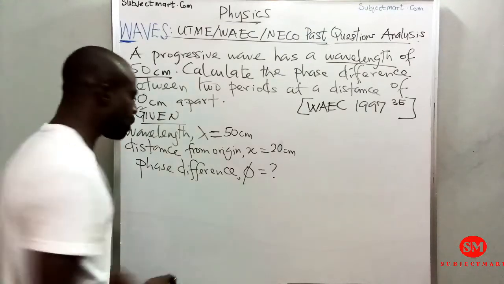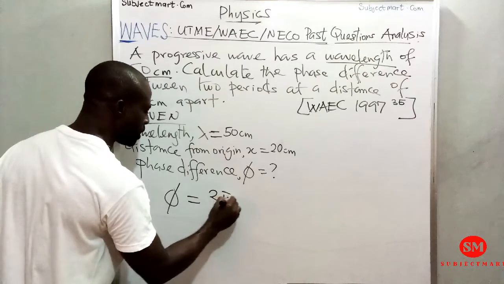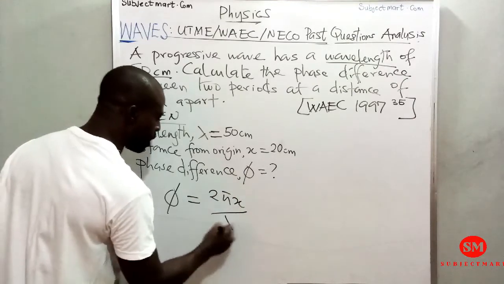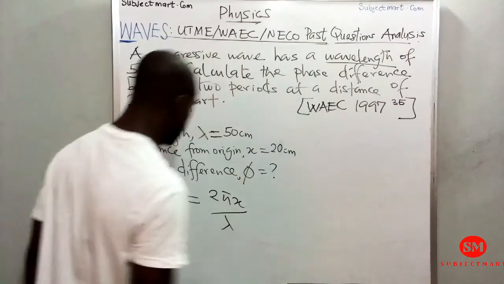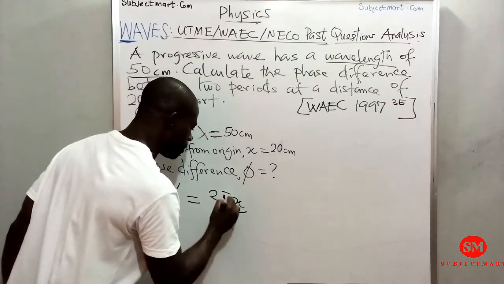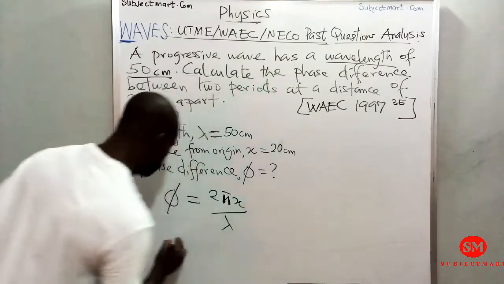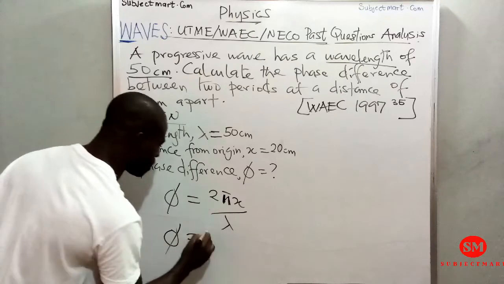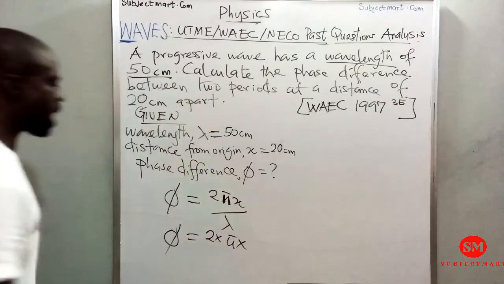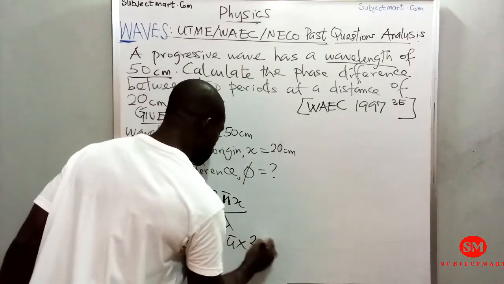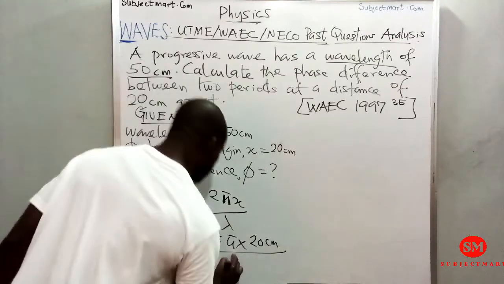Phi. The formula is phase difference is equal to 2 pi x all over lambda. So let's substitute now. We have phi, the phase difference, is 2 times pi times x, which is 20 centimeters, over the wavelength, which is 50 centimeters.